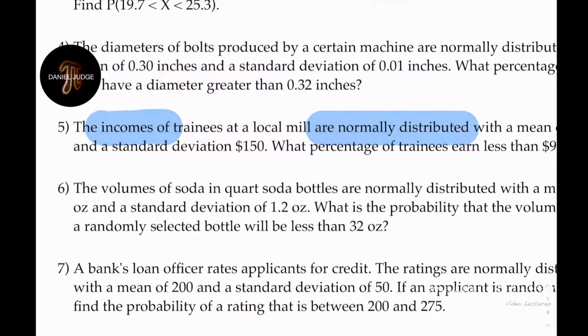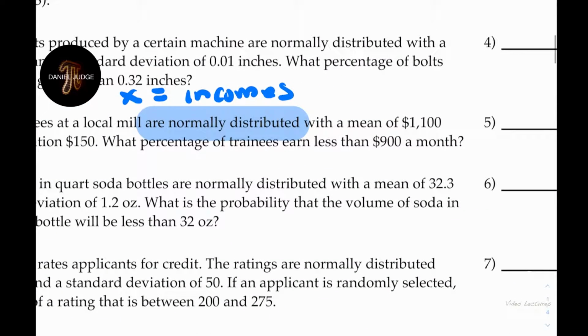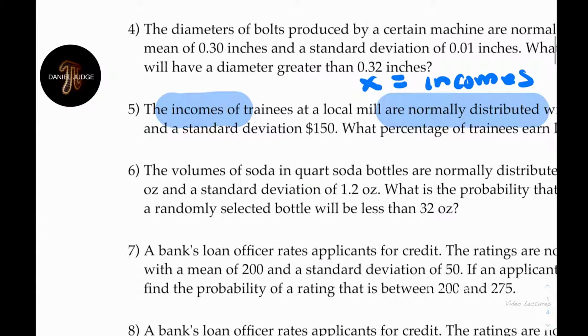So X is an income. So X equals the income values. They give us a mean of 1100, standard deviation of 150.